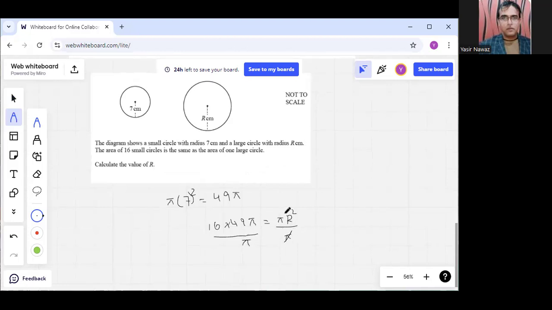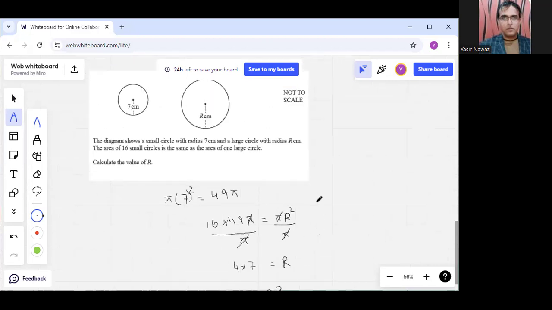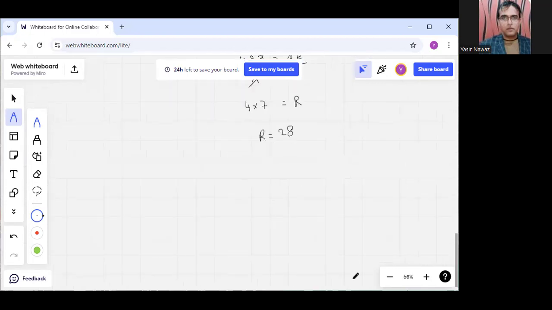So this pi will be cancelled out with this one. Now to find capital R, I will use the square root on both sides. Square root of 16 would be 4, and square root of 49 would be 7. So R would then become 28. So the radius of the large circle would be 28. If the radius of the large circle is 28, then the area of 16 smaller circles would be equal to the area of one large circle.